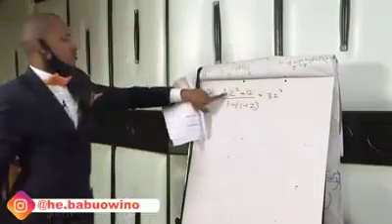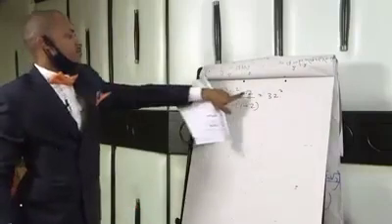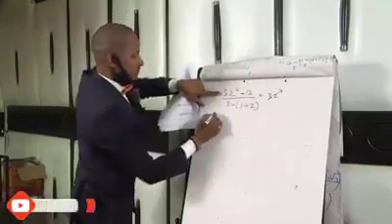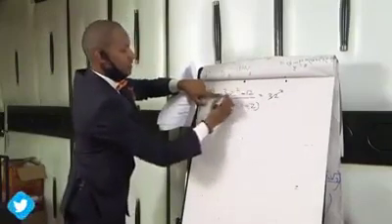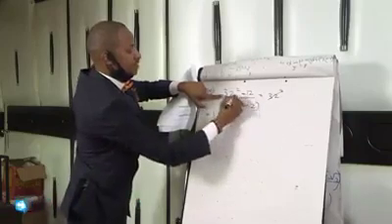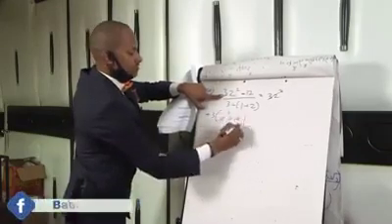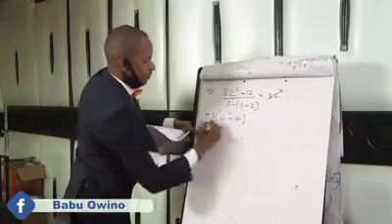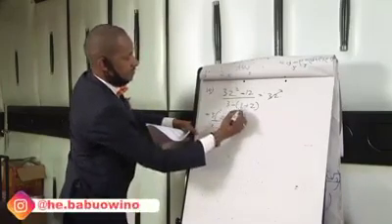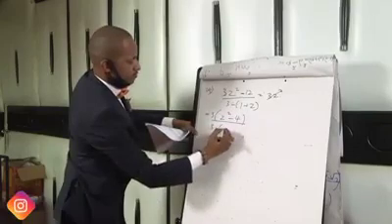What is common between 3 and 12 is 3. So you can simplify this by saying 3 into z squared minus 4, since 3 goes into 12 four times, divided by 3 minus 1 plus z.